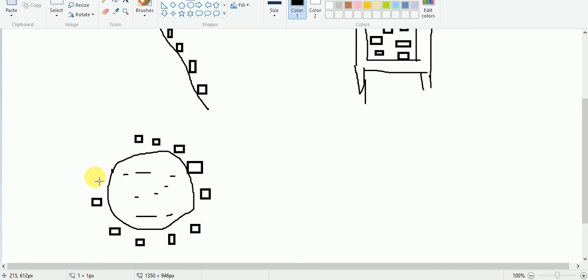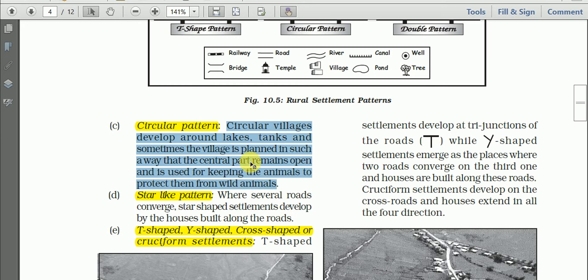So instead of a lake there may be a big village pond or tank. In the center there may be a pasture also, and in that area the villagers may keep their animals, as mentioned here: the central part remains open and is used for keeping the animals to protect them from the wild animals.